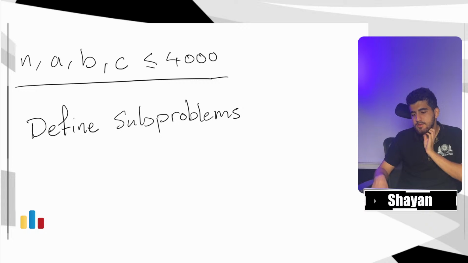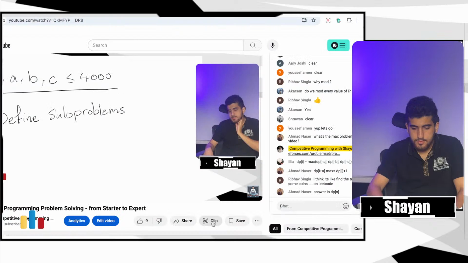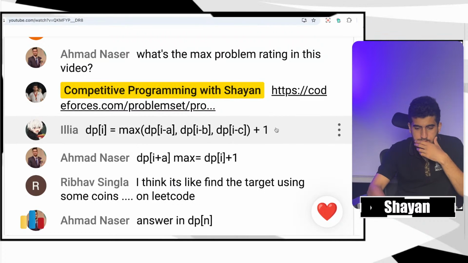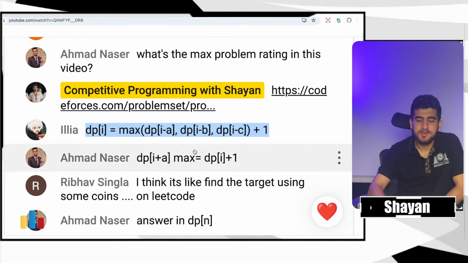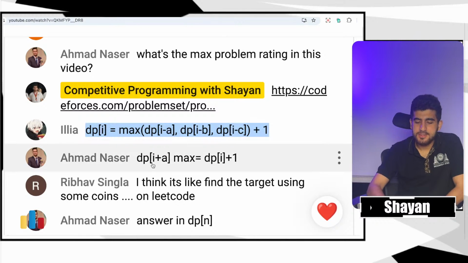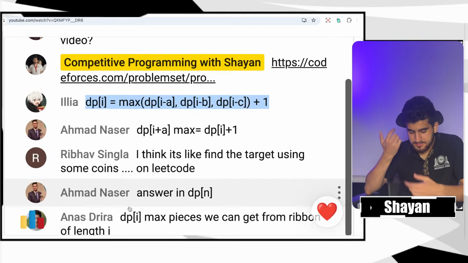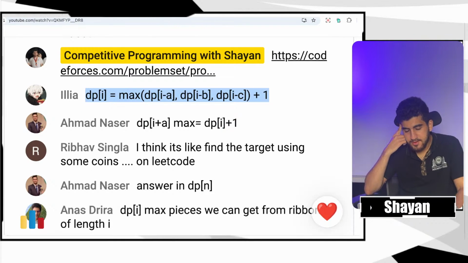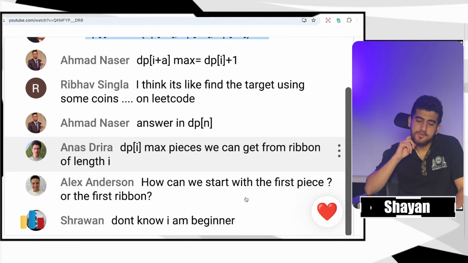Yeah, you have very good ideas. Yes, that is what we want to get. At the end, our final answer is going to be this, but how can we get there? So yes, kind of dp of I, exactly, dp of I is the maximum pieces we can get from a ribbon of length I.